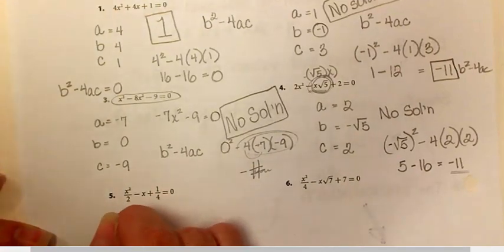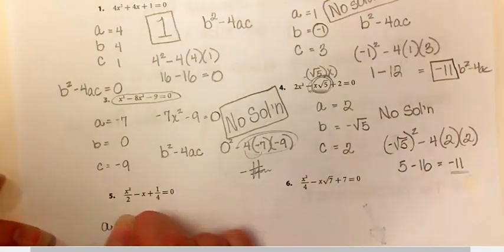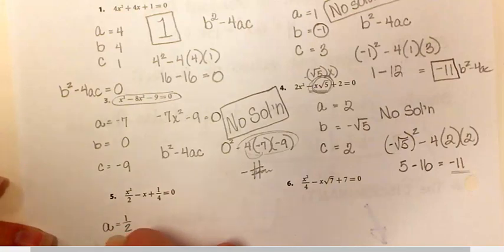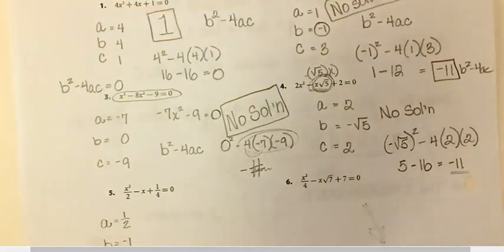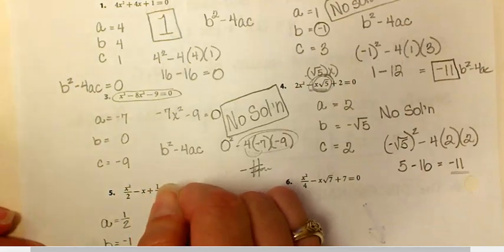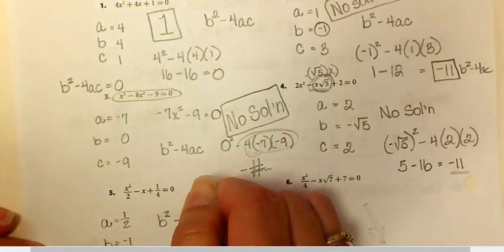In front of my a is 1/2. So x squared over 2 is the same as 1/2 x squared. B is negative 1. C is 1/4. Okay, b squared minus 4ac.